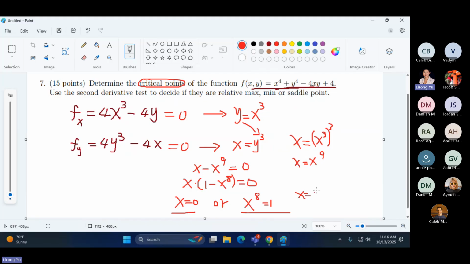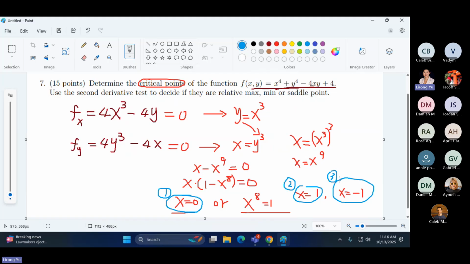So x equal to 1, or x equal to negative 1. So after solving this, we consider three cases: case 1, case 2, and then case 3.